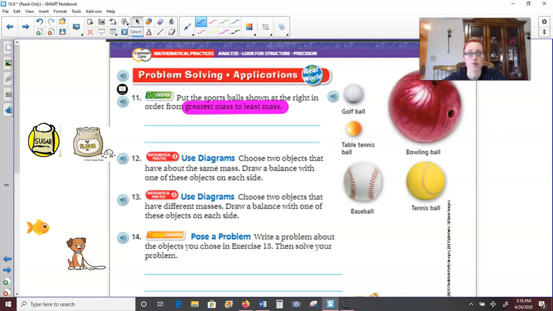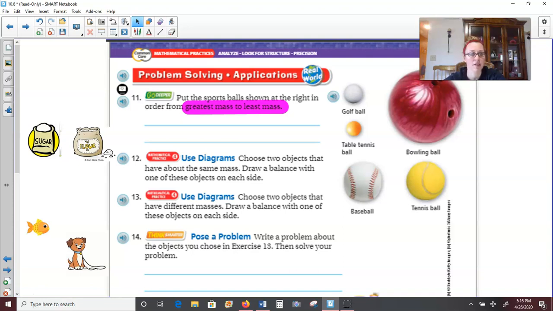And I do know from having gone bowling before that bowling balls can be quite heavy, and they would be heavier than a golf ball. Because I know you have to hit a golf ball with a club, and if it weighed more than a bowling ball, I'm pretty sure your club would break. Table tennis, I know, is a very light ball.